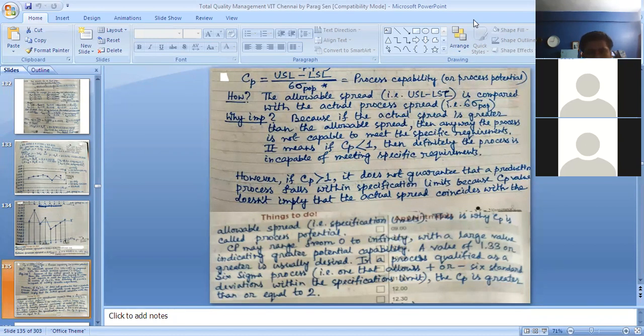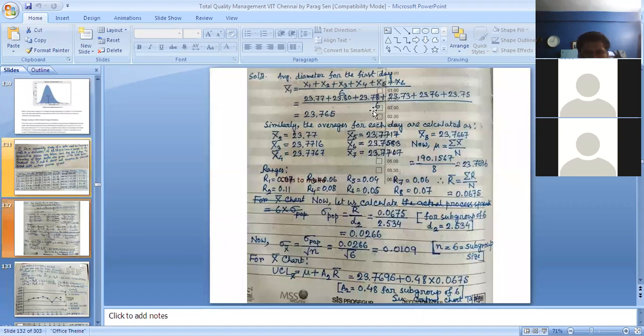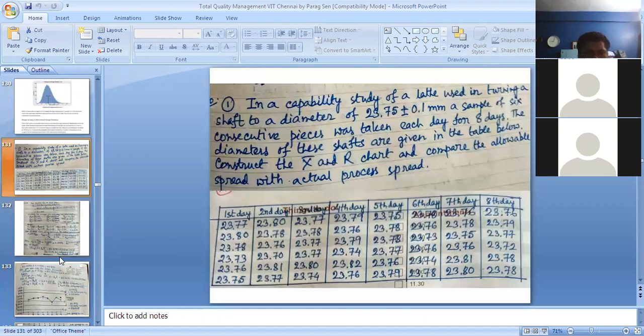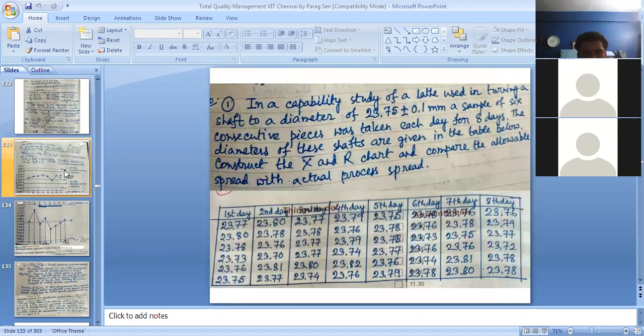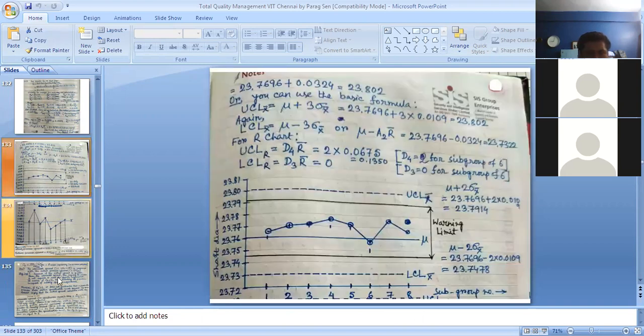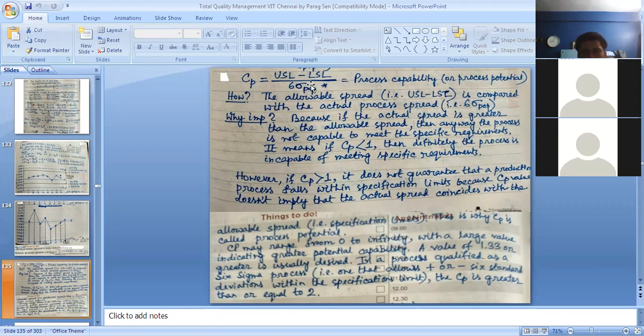We always want Cp, or process capability, to be greater than 1. What does it mean? It means the upper specification limit minus lower specification limit, that means the allowable process spread, will be greater than the actual process spread.